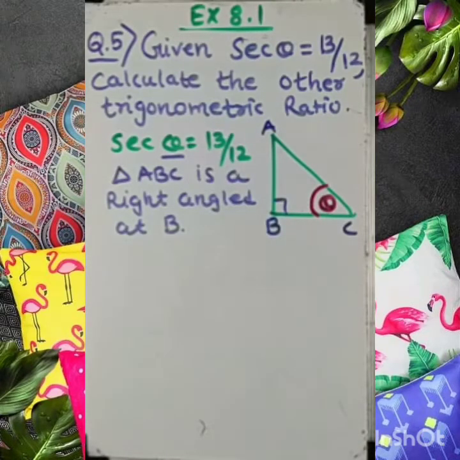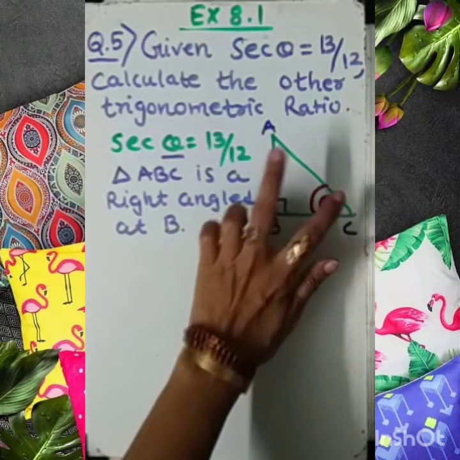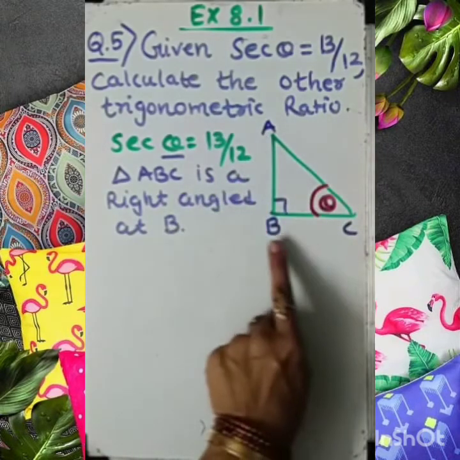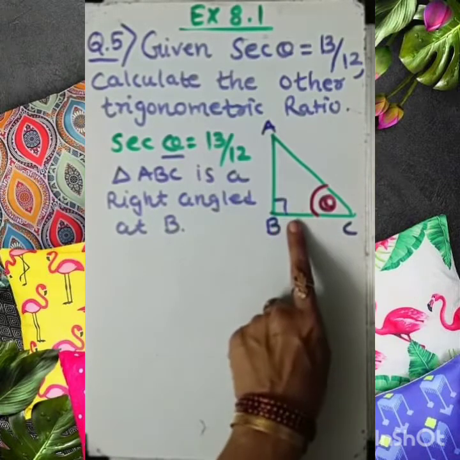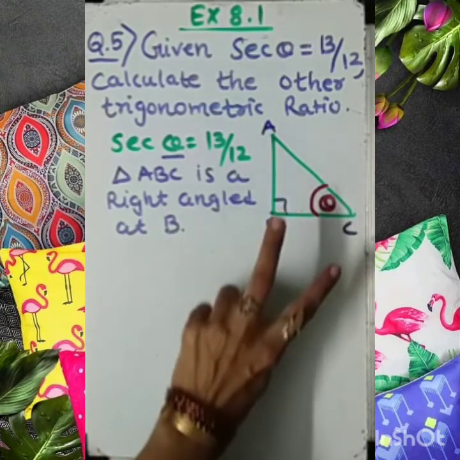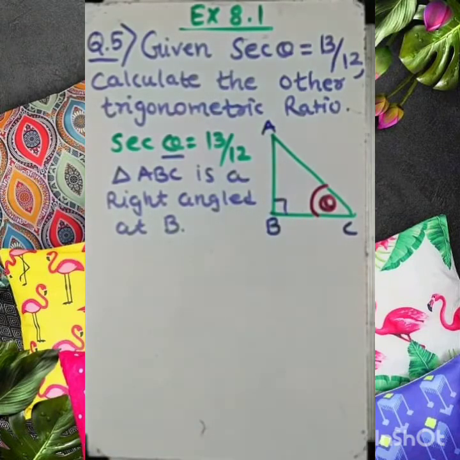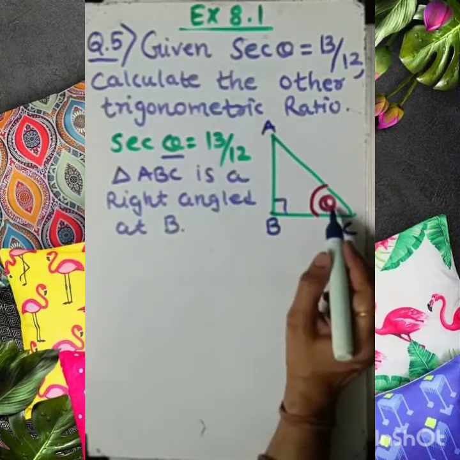Of course, they must be acute angles, and their sum must be 90 because the sum of all three angles of a triangle is 180 degrees. If one of the angles is 90, then the rest of the two angles must sum to 90 degrees. So they must be acute angles, less than 90. So I am considering angle C as the theta angle.